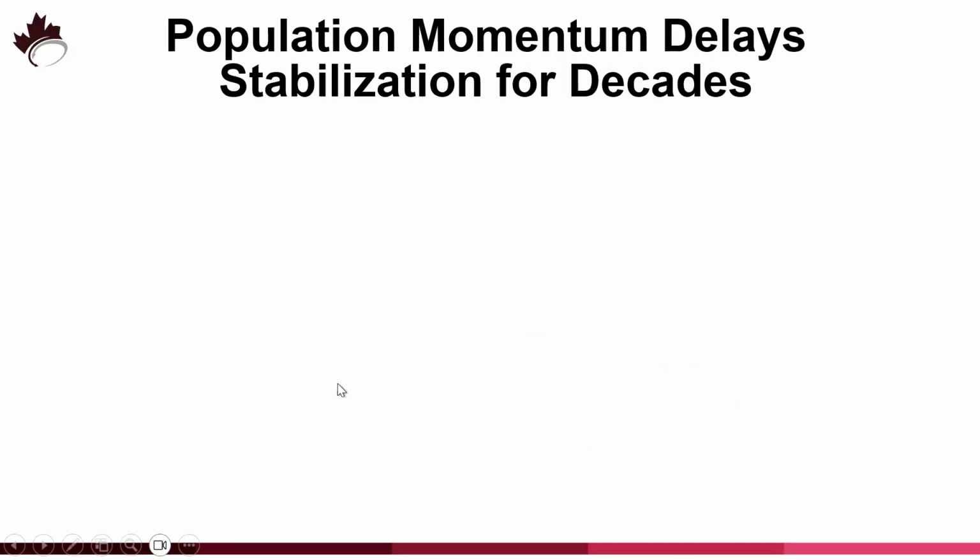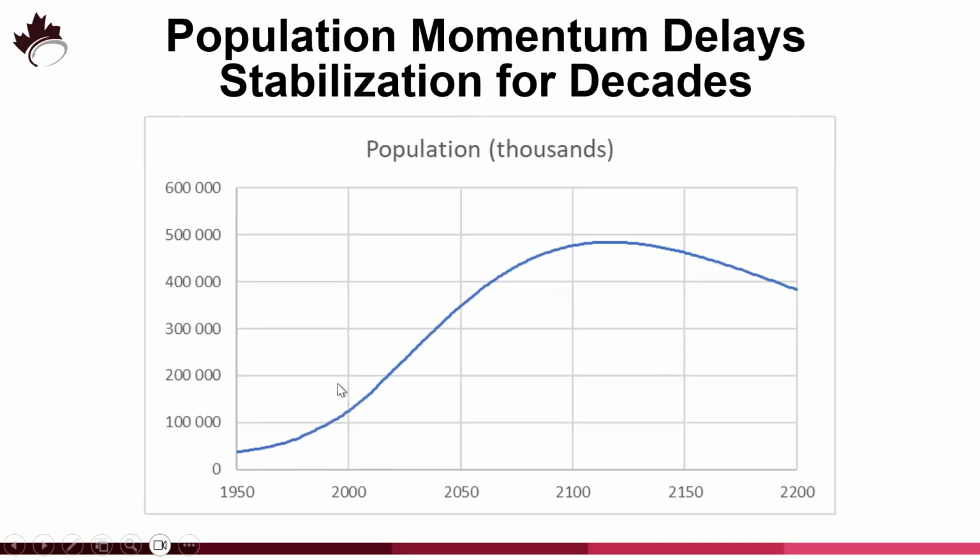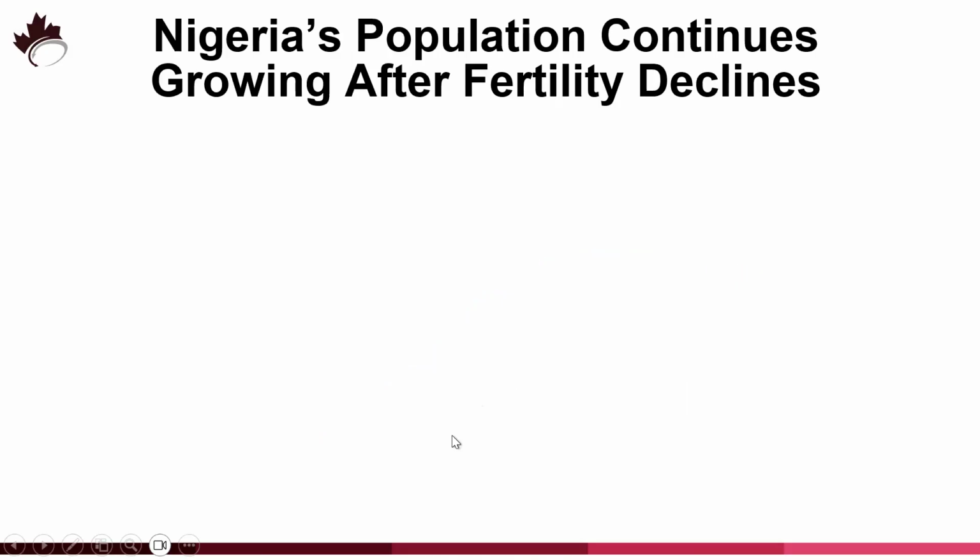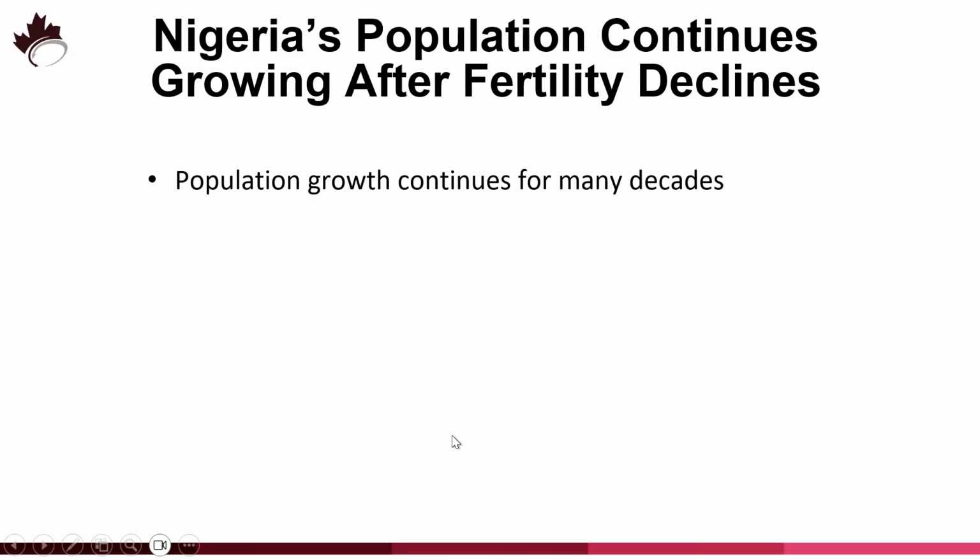And then we can look at the population over time, and we see that population is growing exponentially here, and then there's a diminishing rate of growth. Eventually it peaks, and then it starts to decline. So that's my population model for Nigeria. So the conclusions are that population growth continues for many decades.